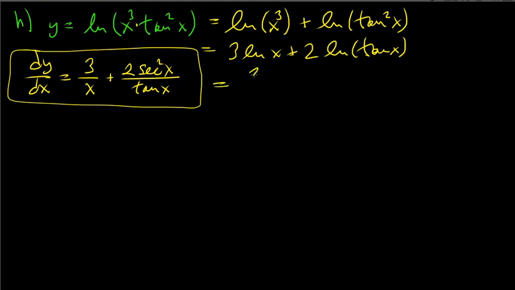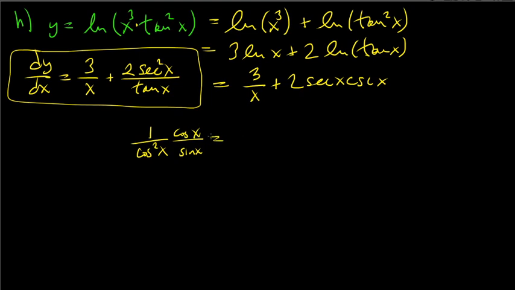So in the answer key it says 3 over x plus 2 secant x times cosecant x. I'm wondering if I missed something here. So secant is 1 over cosine squared, and tangent is sine over cosine. Okay, the derivative of log of tangent is 1 over tangent, and then by the chain rule, the derivative of tangent is secant squared.